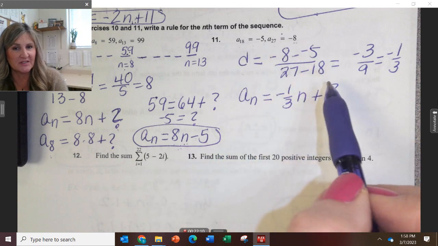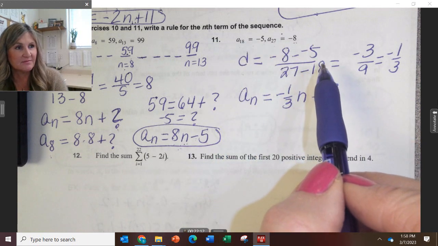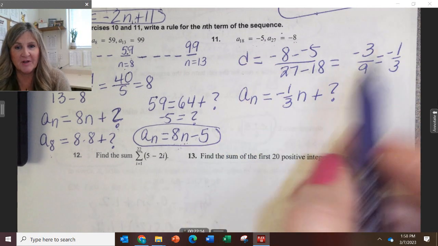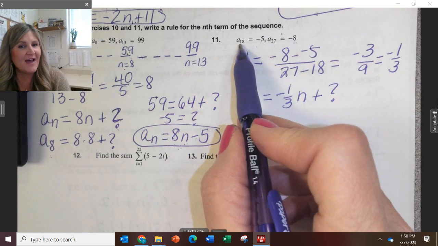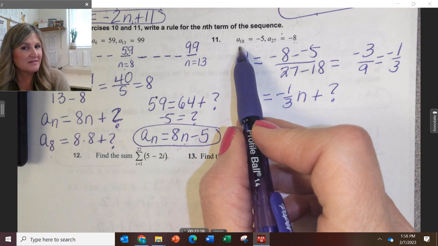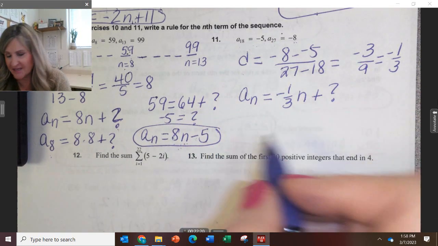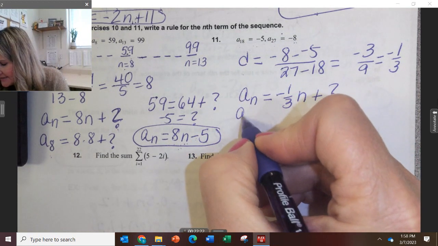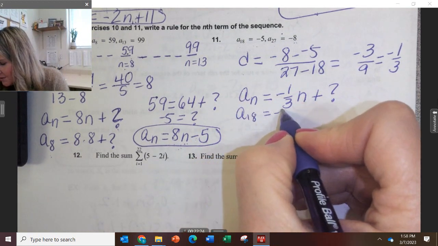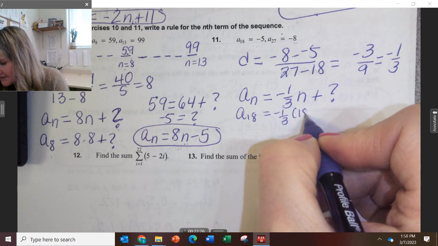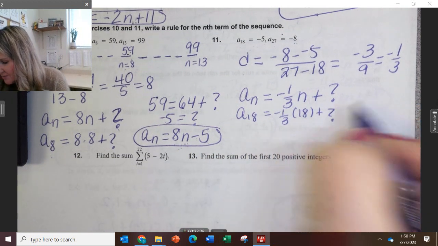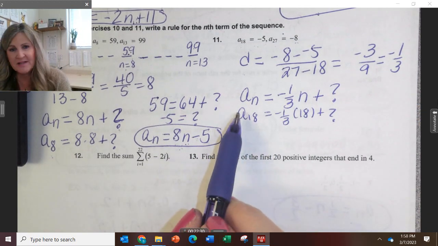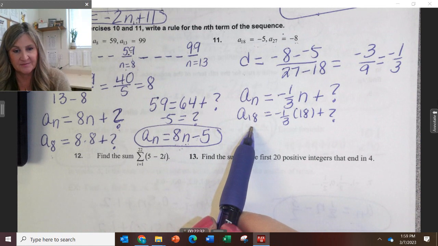So he chose one, it doesn't matter. First term, okay. So what's the n value on the first term, you guys? 18. So I'm doing A sub 18 has to equal -1/3 times 18 plus the question mark. What is A sub 18?